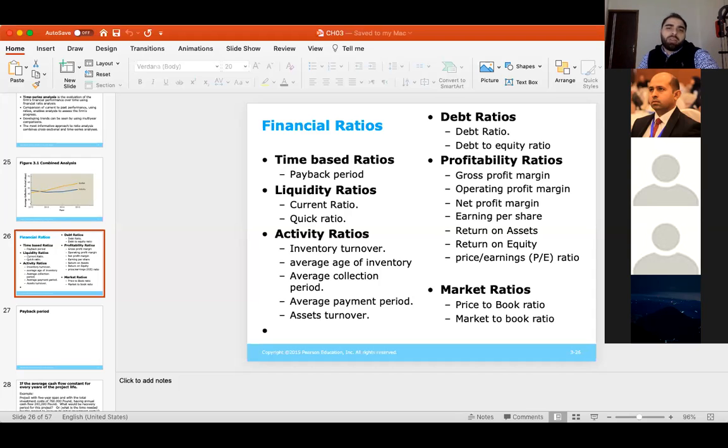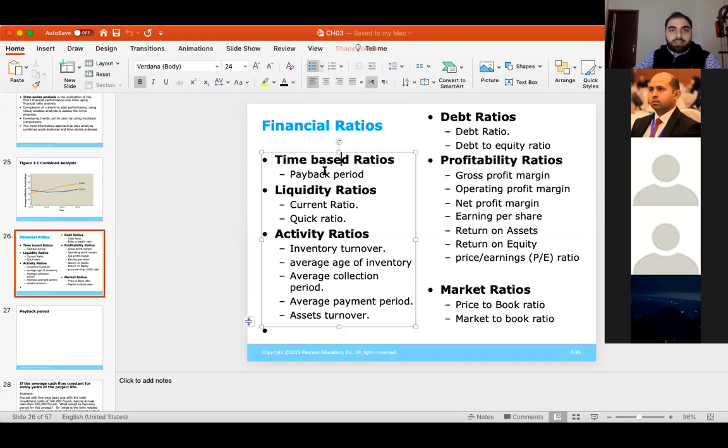I would recommend, first of all, the payback period. I will mark the current and the quick ratios, inventory turnover.